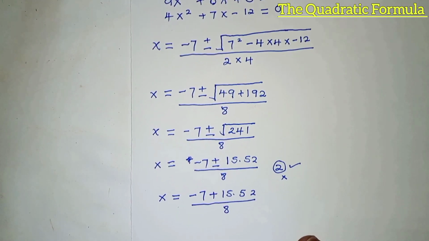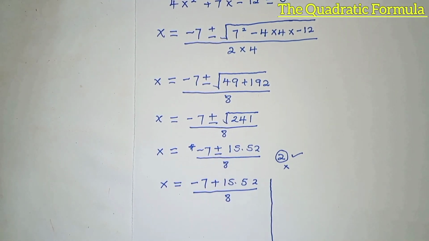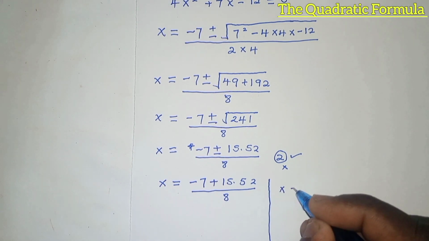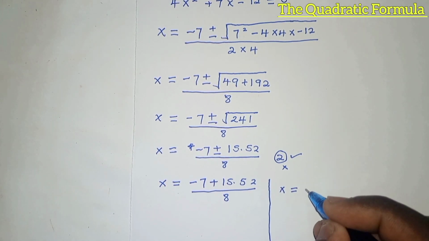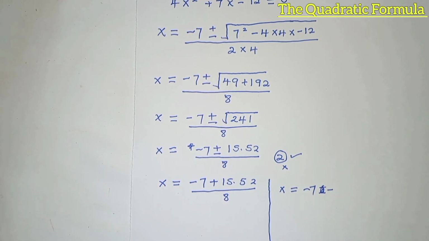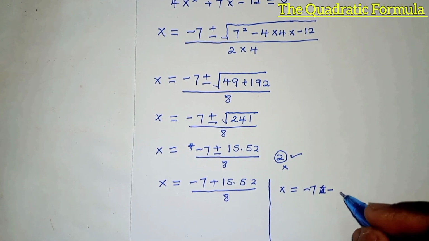You can solve that one first, and then split the other one. So x is equal to negative 7 plus or minus. Now this one is for when 15.52 is negative.